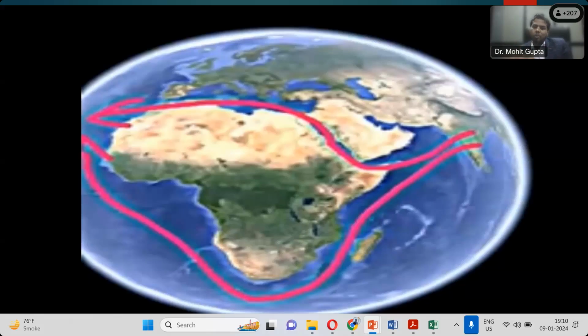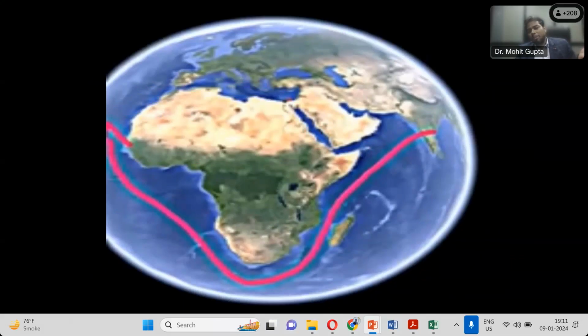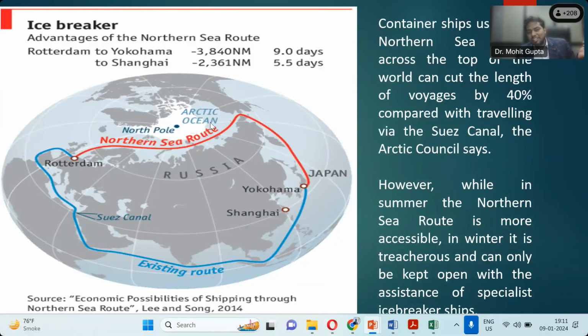But suppose I want to explain to my students that there are other routes as well for reaching Europe. In the past 2 decades, we have seen certain new trading routes coming into existence. One of the routes is in this region. Suppose cargo has to be taken from Japan to Europe. Rather than going through the Suez Canal, another option is that a ship can go through the Arctic region, because in the Arctic ice is melting at a very fast pace, and because of the melting ice, a new trade route has come into existence.